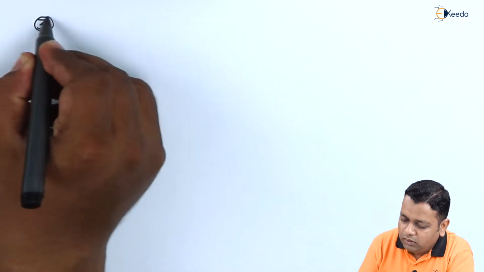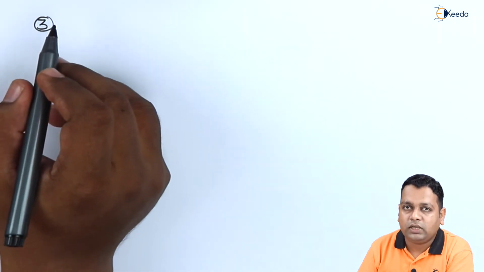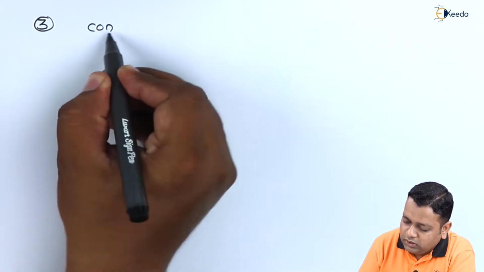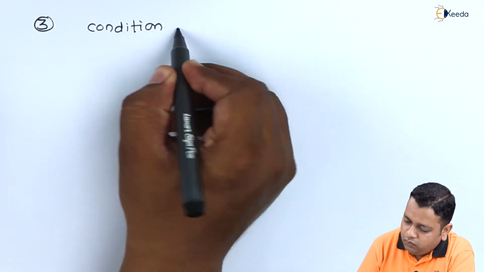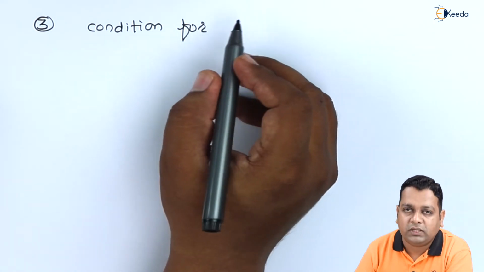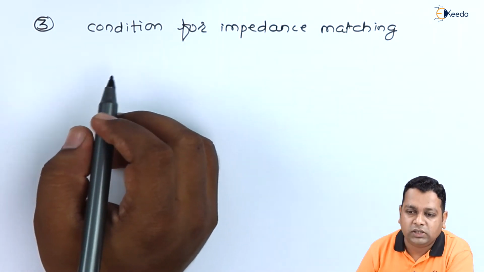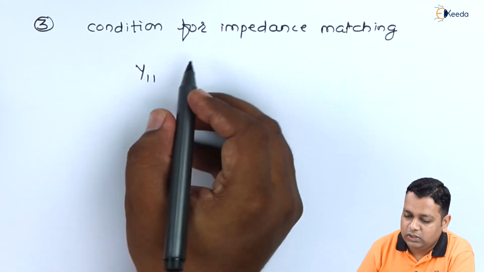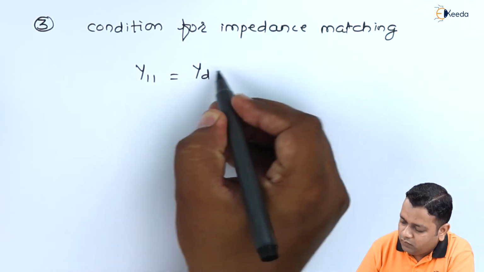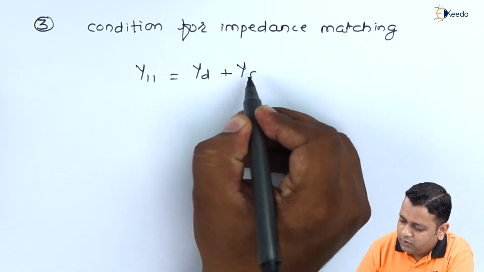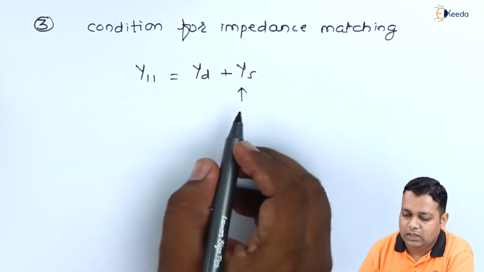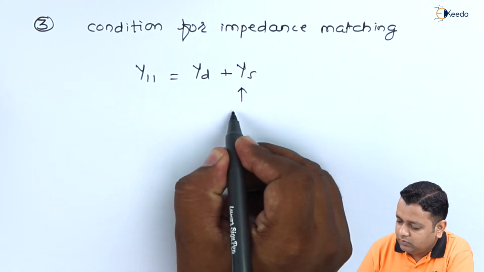Now in the next step, let us say this is the step number 3, we can say. In the step number 3, we shall be implementing the condition for impedance matching here. And for the impedance matching in the generalized form, we have y suffix 11 is equal to capital Y suffix D added with capital Y suffix S. So here capital Y suffix S is the susceptance of the stub here.